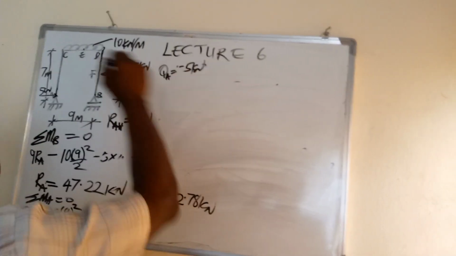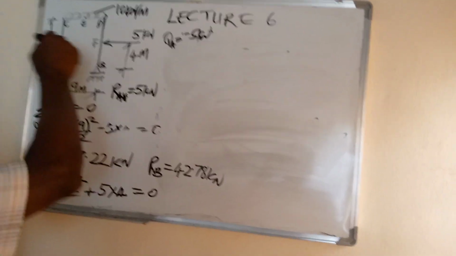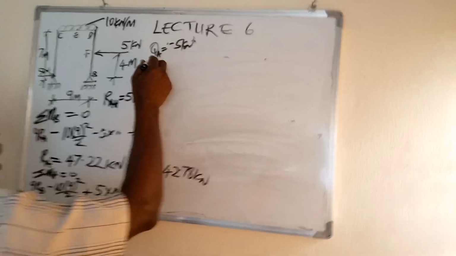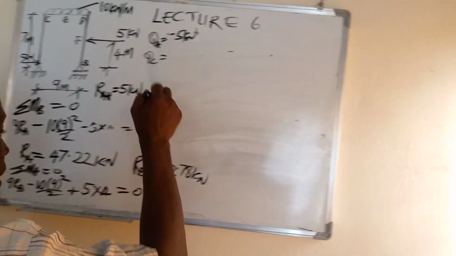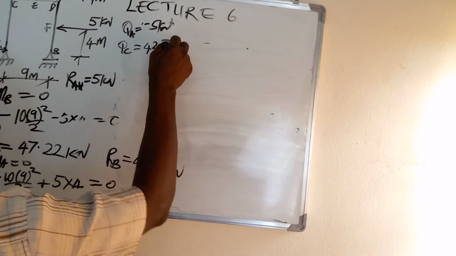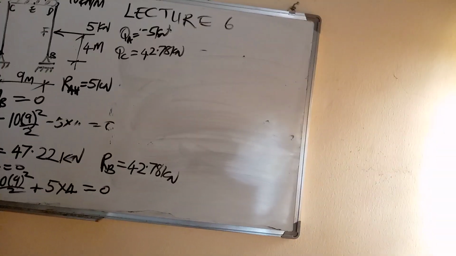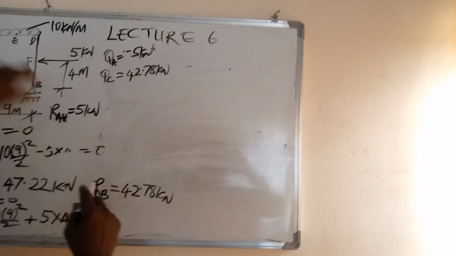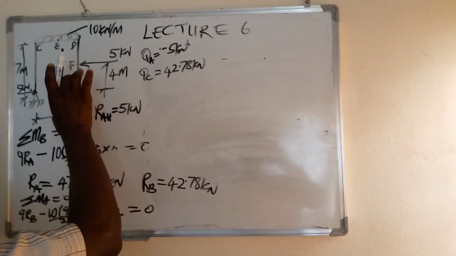At C, the shear force becomes the reaction, which is 42.78 kilonewton. That's the vertical reaction, which is the shear force at C. Then as it moves, the shear force gets reduced.